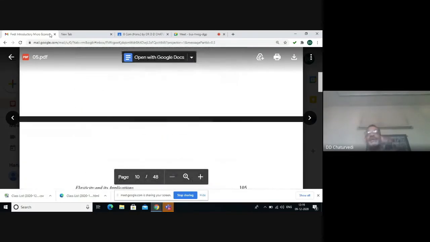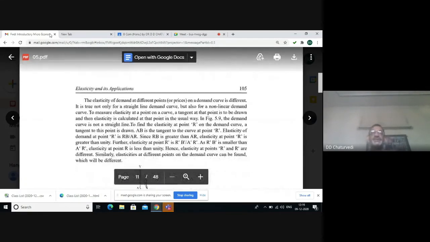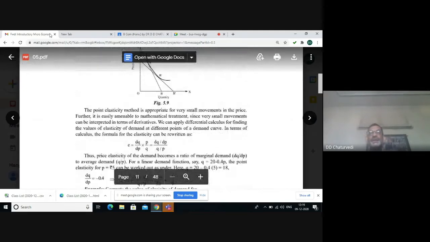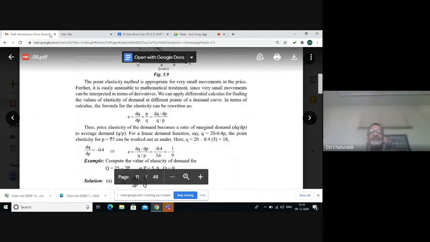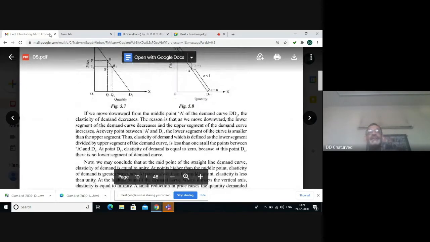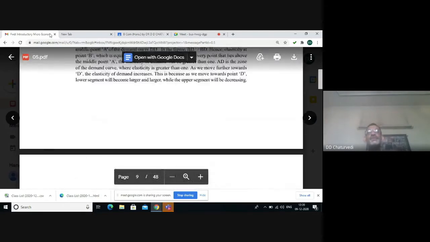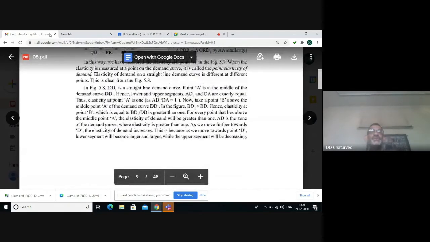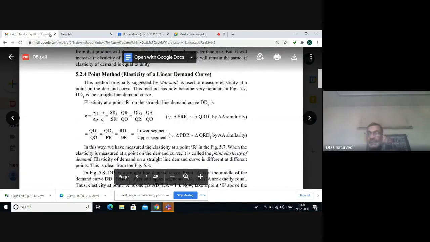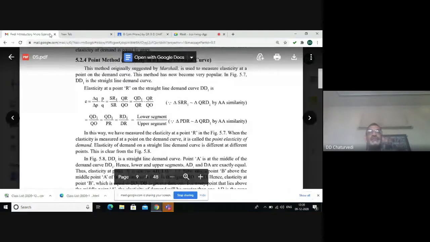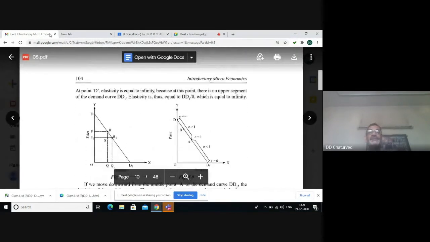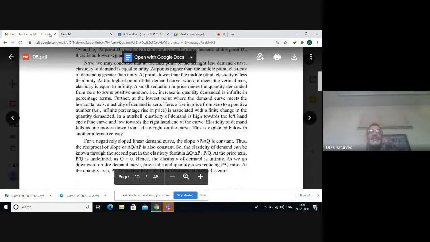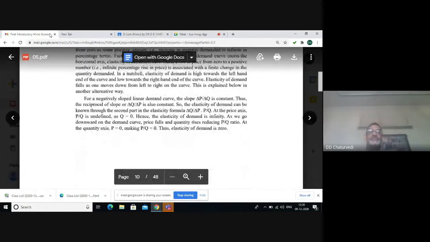There is one more interesting way in which I will explain to you how elasticity of demand on the same demand curve varies from 0, which is the lowest value, to infinity, that is the highest value. And for this purpose, we will have to rearrange the formula of elasticity of demand.